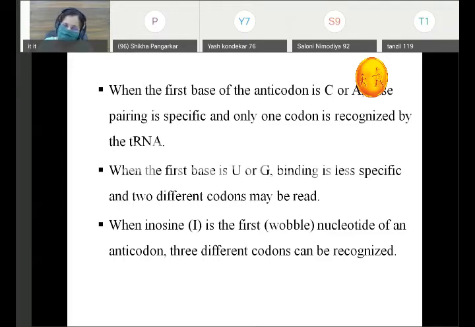And if inosine is in the position of the first nucleotide on tRNA, then it will lead to three different codons being recognized.